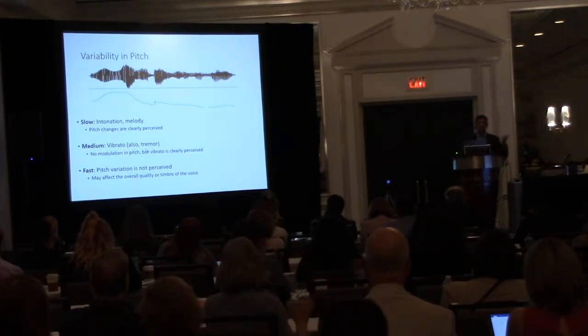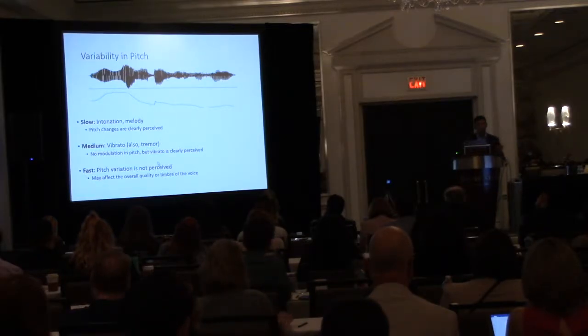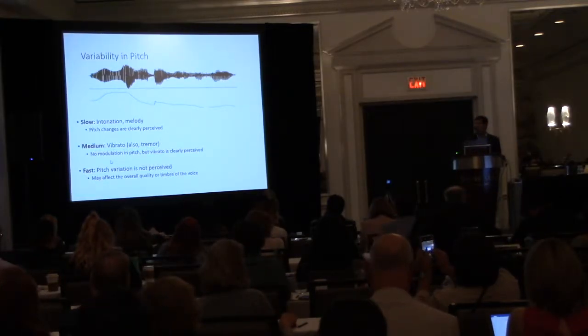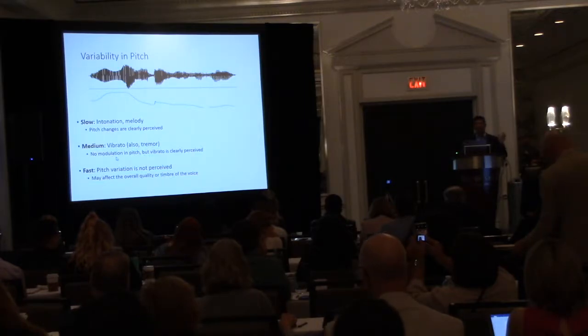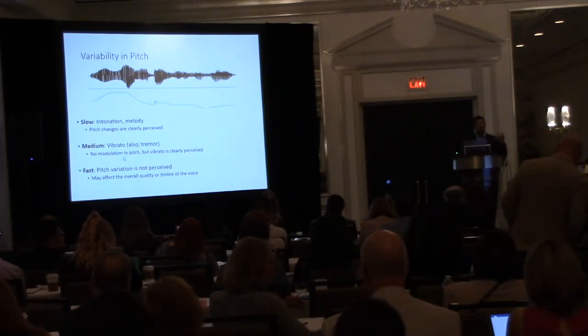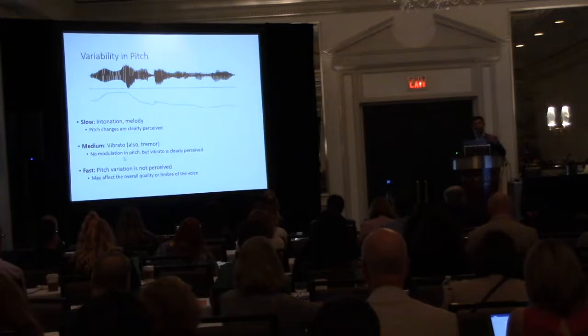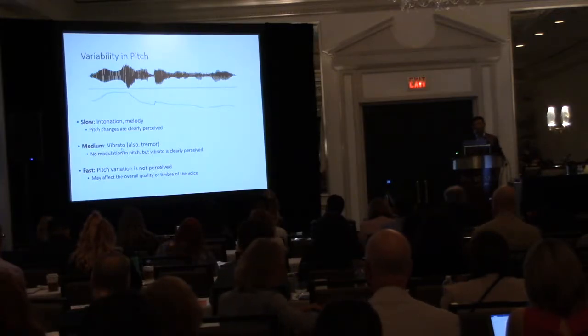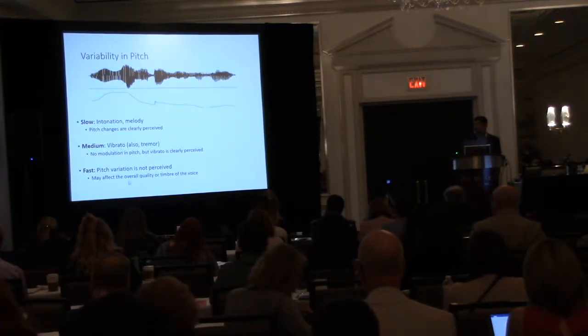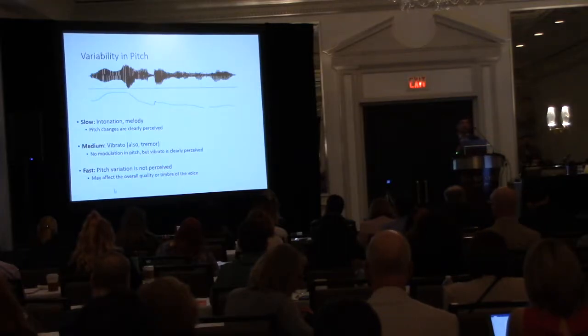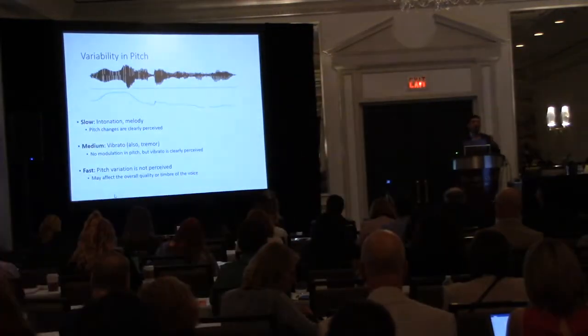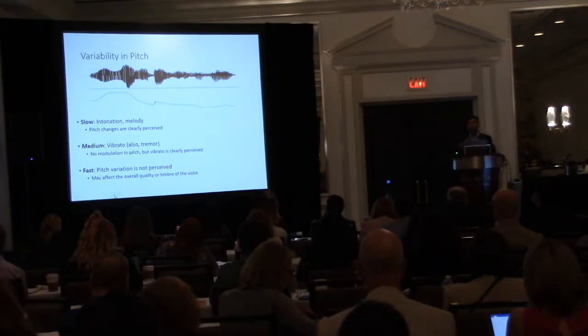For people with certain diseases like Parkinson's, it's also tremor. You don't necessarily hear the slow modulation, but you can hear the change because of that slightly more rapid fluctuation in pitch. And at very, very high modulations, your ears cannot really separate it from the voice itself.